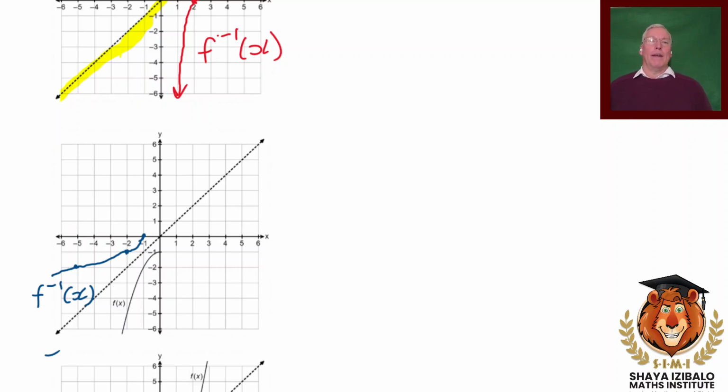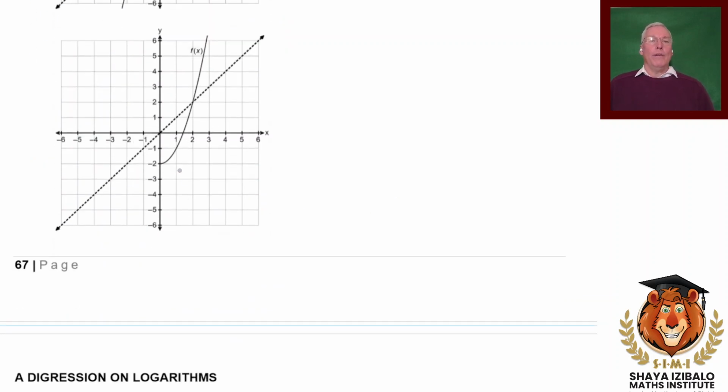Okay, and the last one, let's see how we went with this one. Also a piece of a parabola, 0, negative 2, negative 2, 0. Negative 1, sorry, 1, negative 1, negative 1, 1. 1 comma something, 0, 0, 1 comma something.